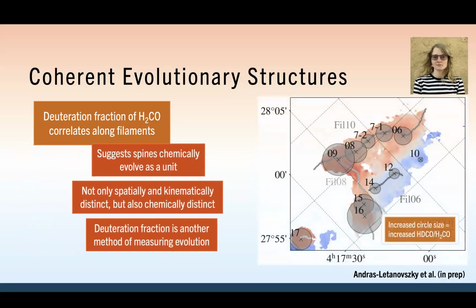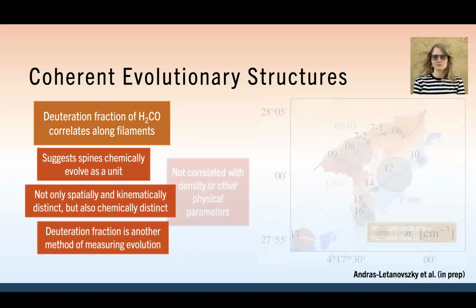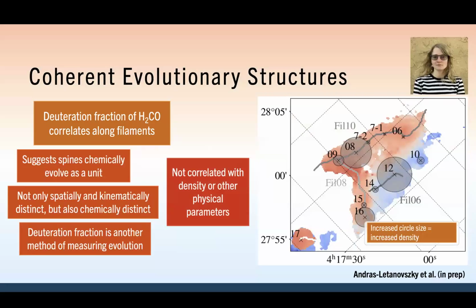So going between them, we see pretty well correlated circle sizes. She has more mathematically rigorous techniques in her paper. But then going over here to the core central density, the circle sizes are not well correlated at all.